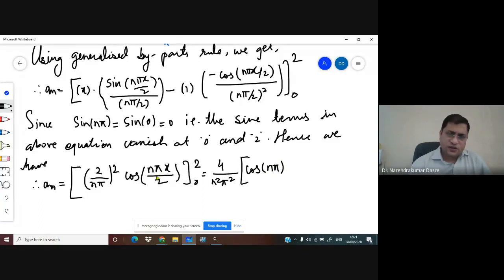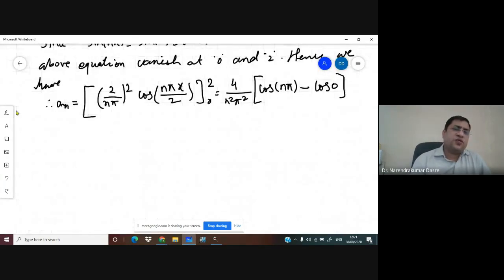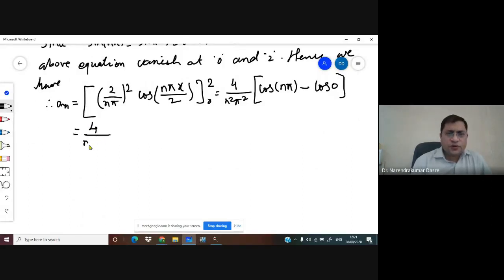So we put here x is equal to 2, so the 2 will get cancelled, cos of n pi, and minus cos of 0. So now let us see what we have here. It is 4 upon n square pi square. This cos of n pi is minus 1 raised to n, cos of 0 is 1.